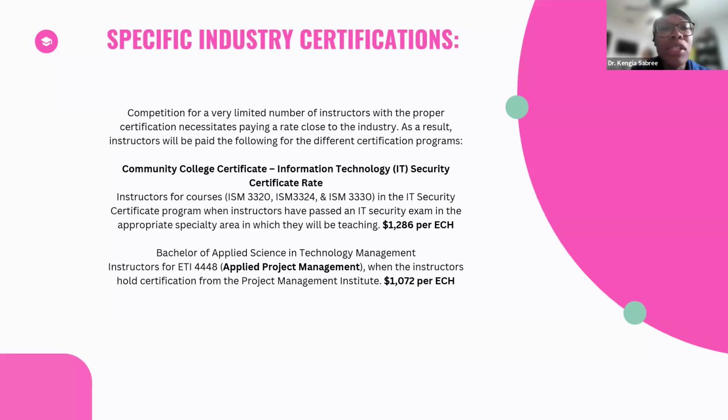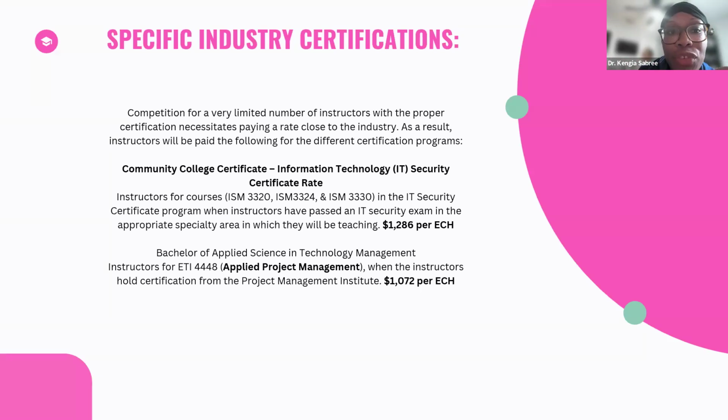I also thought this was interesting that there is specific compensation based on industry certifications. This was a really good example that if you are teaching that community college certificate for IT, there is a course rate for that.